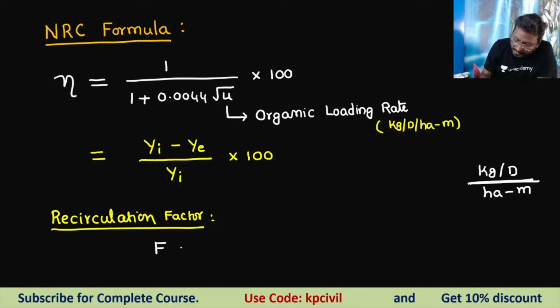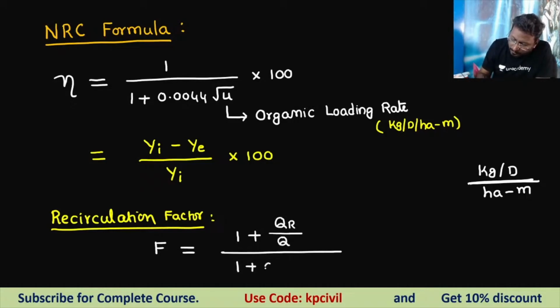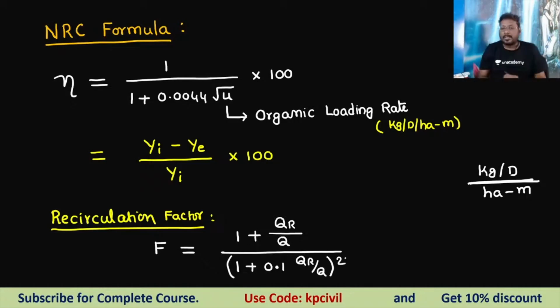Recirculation factor F is equal to 1 plus return flow QR by original flow Q, divided by 1 plus 0.1 into QR by Q, whole square.